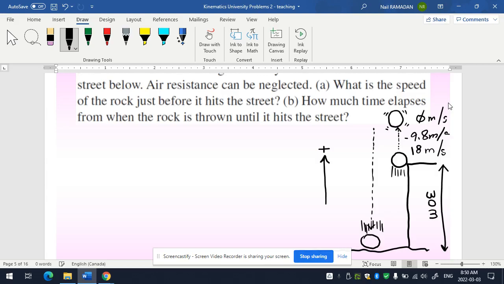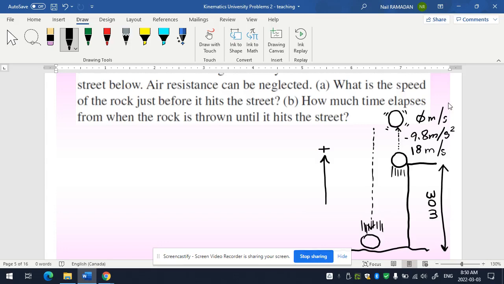Okay, I can give you two arguments. First of all, when you kick something up, once it leaves your foot, is it speeding up or slowing down? Once it leaves your hand, it slows down.